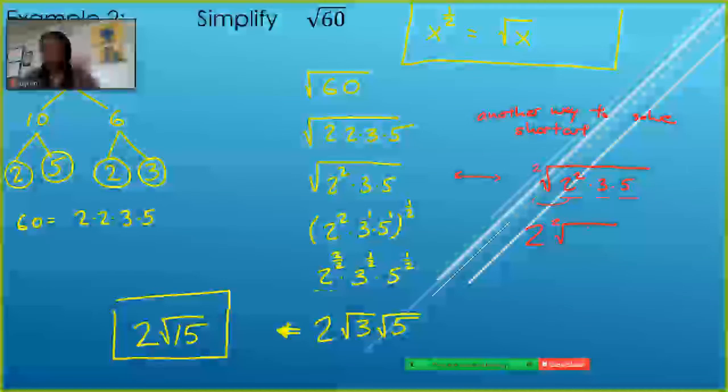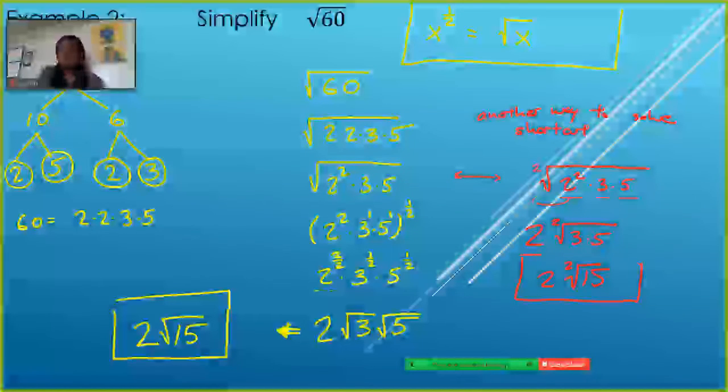What's left? Square root of 3 times 5. 3 doesn't have a 2 exponent, so it's trapped inside. 5 doesn't have a 2 exponent, so it's trapped inside. Multiply those guys back together. 3 times 5 is 15. And we're done. And it's the same answer that we got over on the left.